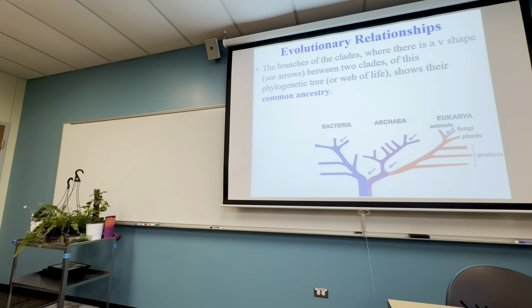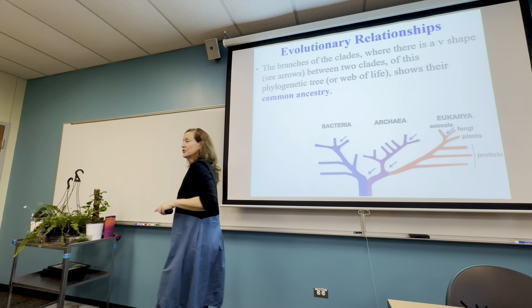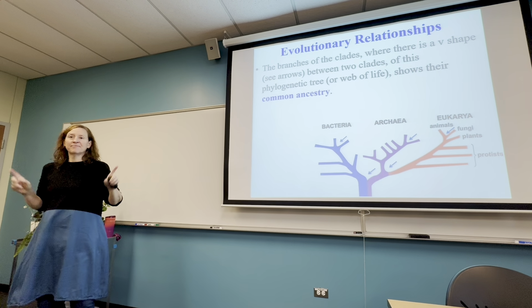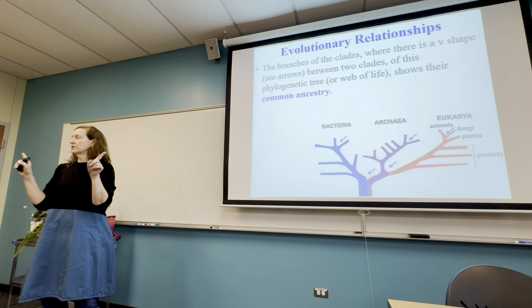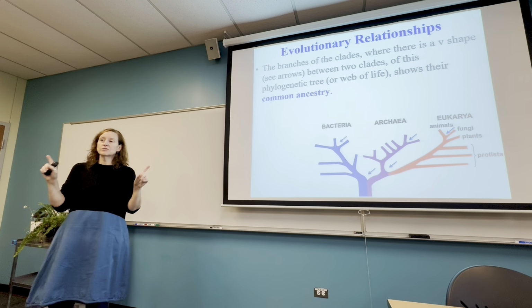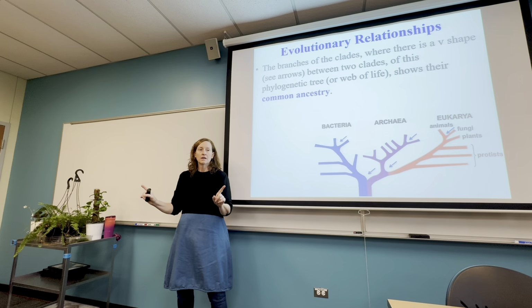Let's take a look. What we're looking at in these is that every time you have the split of the tree, where a tree splits, you make branches. Those splits that make new branches are indicators of a common ancestry between two groups.